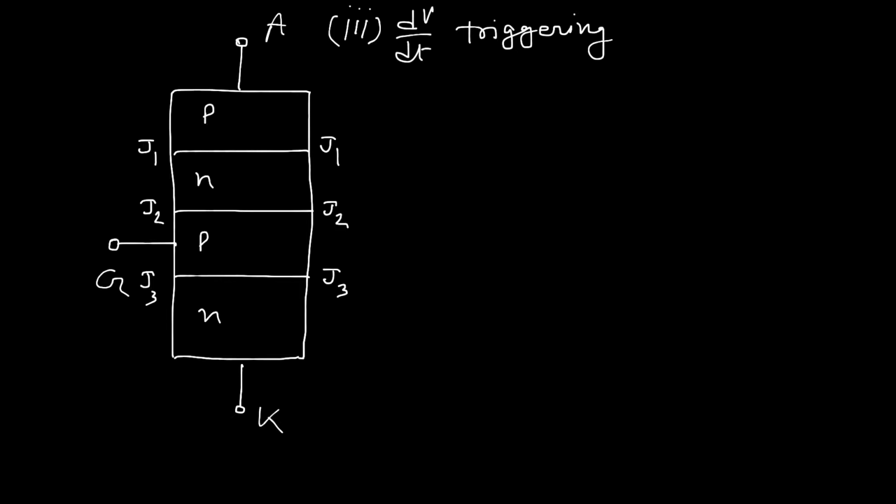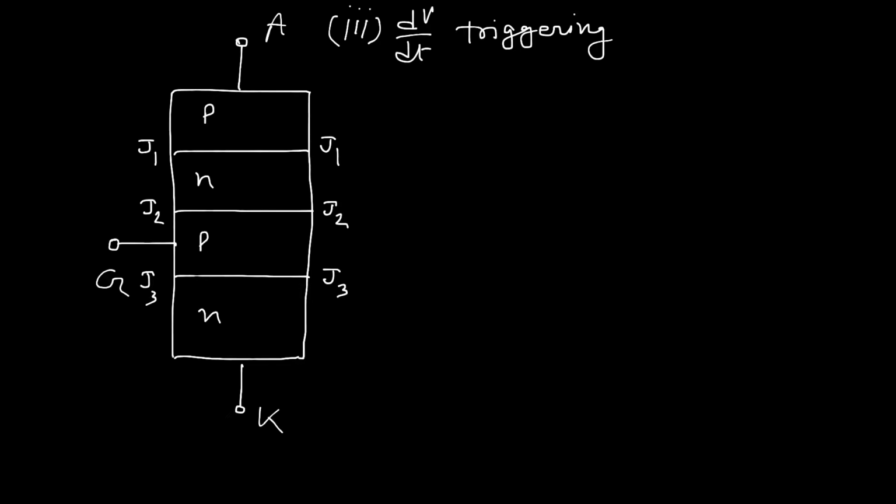Suppose we are increasing the anode voltage slowly and gradually, then we will achieve some breakover voltage, suppose VBO. And suppose we increase the anode voltage very frequently or suddenly, then you will record the forward breakover voltage to be less than before.